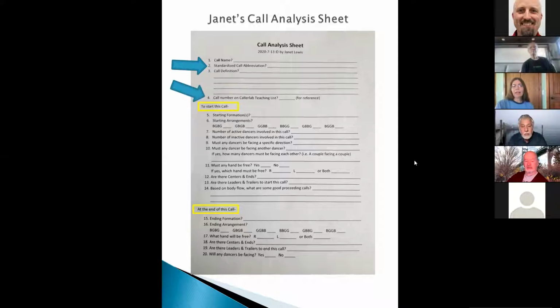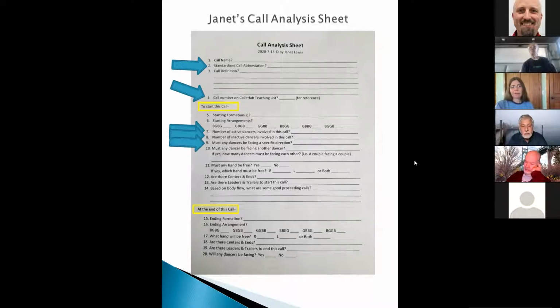I added a call number just because many times I was referring to other people and they're like, well, it's call number such and such on the CALLERLAB list. And I was like, oh, I don't know the numbers. So I thought, well, I'll just put that in there for reference use. I have in here the number of active and the number of inactive dancers, because you don't necessarily have everybody being active at the same time during that particular call.